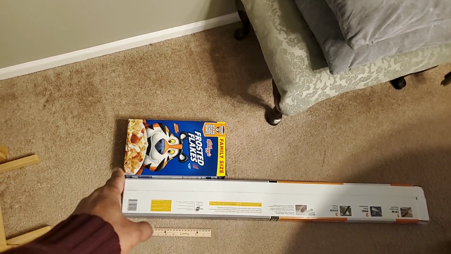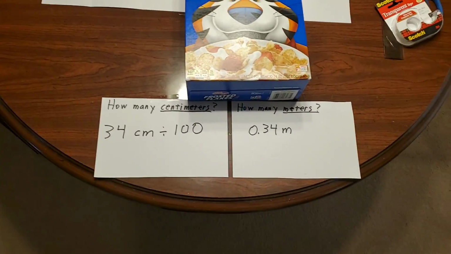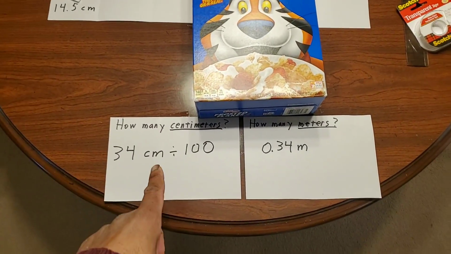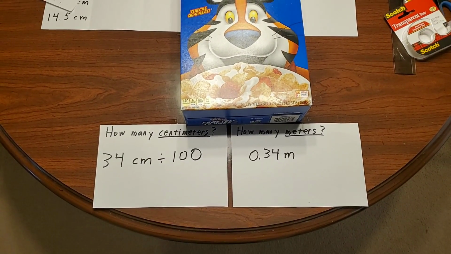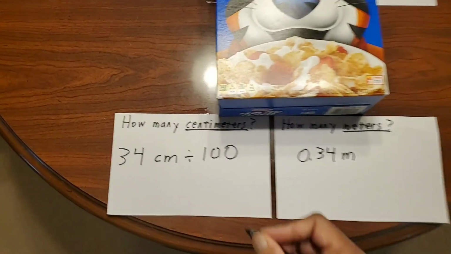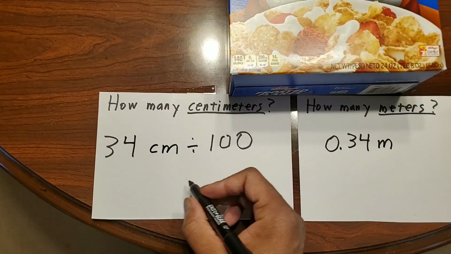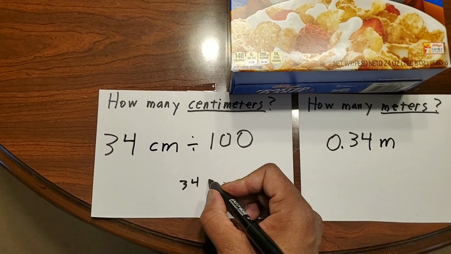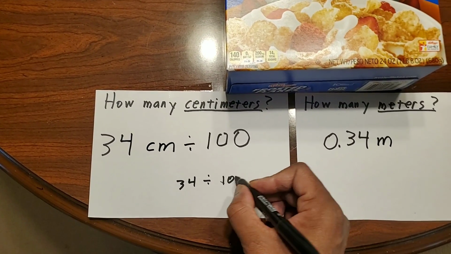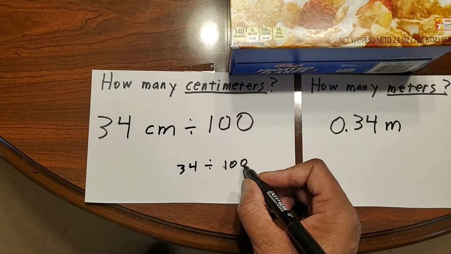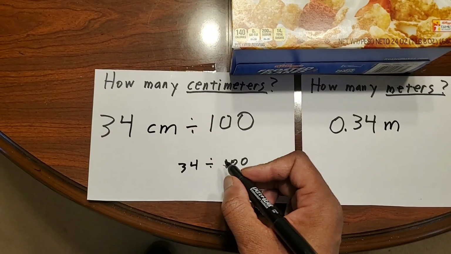Okay. So once again, when I measure this box, I measure 34. I can say it's 34 centimeters, or I could say it's 0.34 meters. What if I wanted to use moving the decimal place? There are two zeros, and we're dividing it.